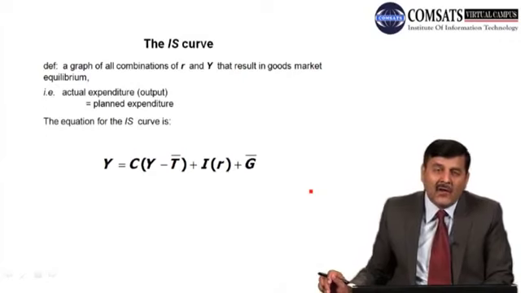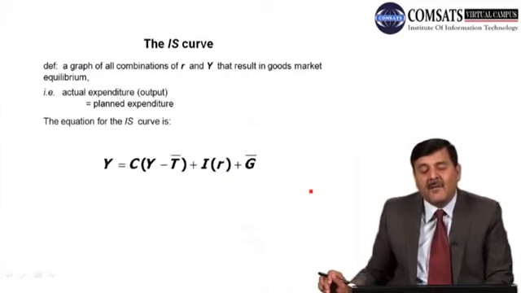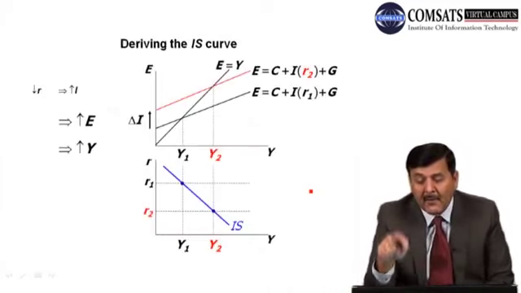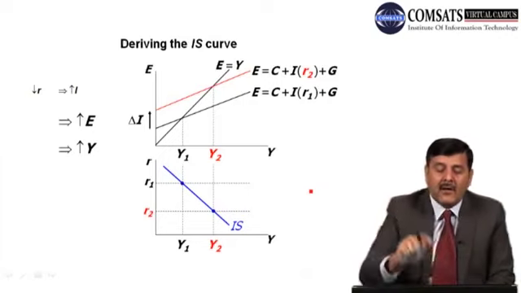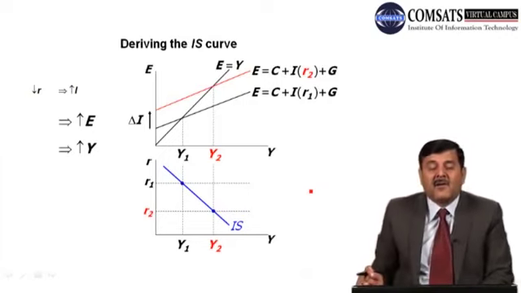Interest rate is the only variable that can affect the level of income in the economy. So here E is equal to C plus I at rate of interest R1, plus G. The equilibrium level of income in the economy is Y1.